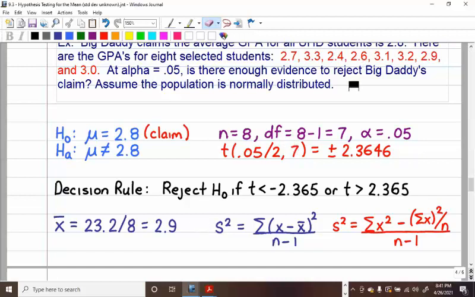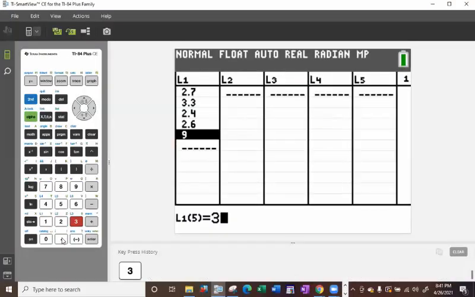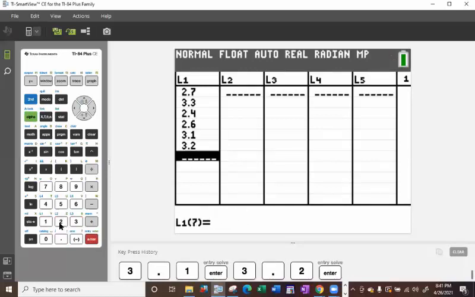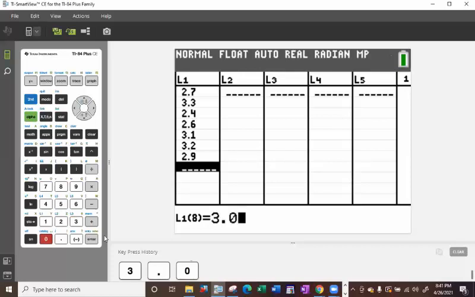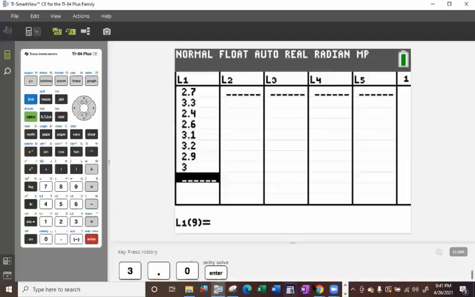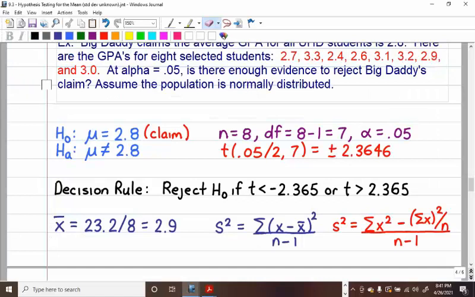Yay! Okay, I don't want to get too cocky here, though. I've got to do this batch now. 3, 1, 3, 2, 2, 9, and 3. I think I got it. One through 2. Yay! Treat myself to a cookie or something.